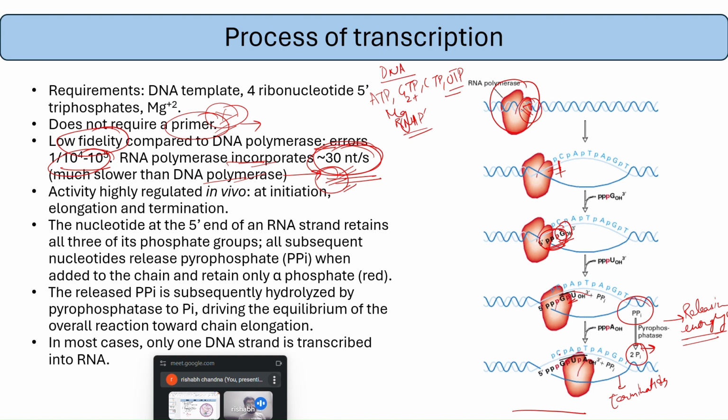Okay, and only one strand is transcribed in most of the cases, and the other strand, if it's non-coding, is degraded in different steps. So this is the basic process of transcription. And the nucleotide triphosphates are the raw materials for transcription, because these will form the RNA chain.